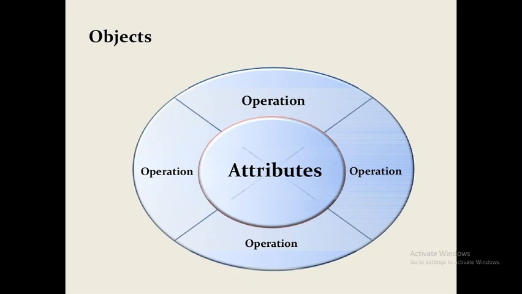What is the use of objects in an object-oriented programming language? Objects are the very key component in an object-oriented programming language, because objects are the ones through which your object-oriented program gets executed, right?